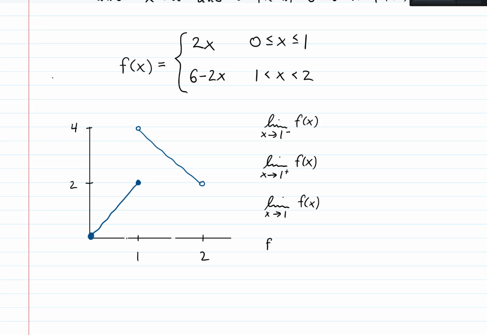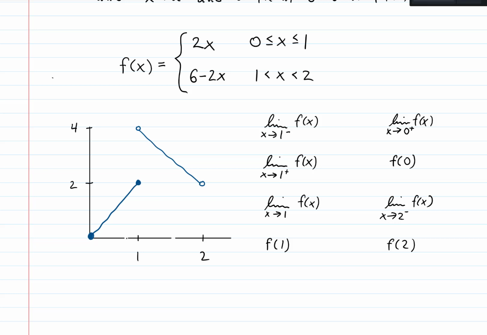And then we're going to find f of 1, and the limit of f as x approaches 0 from the right, and f of 0, and the limit as x approaches 2 from the left, and f of 2. Okay, we're going to find these 8 things.